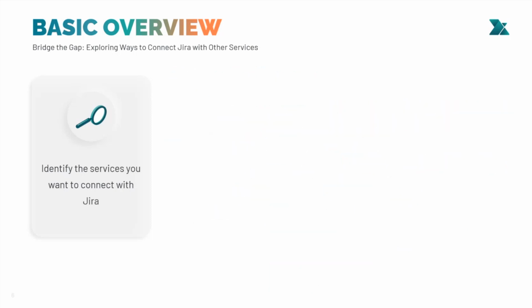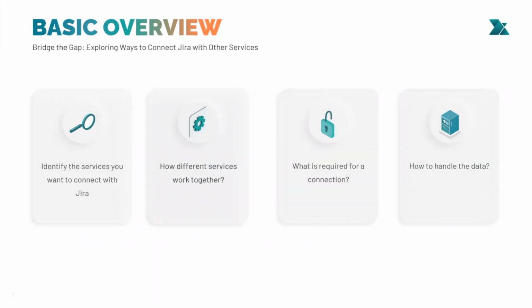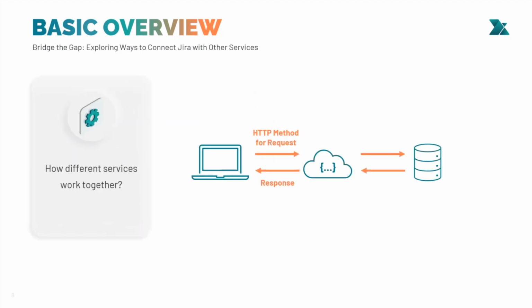And then let's examine how this service works. Different web services work together by communicating over the internet using a standardized API and a data exchange format such as JSON and XML.